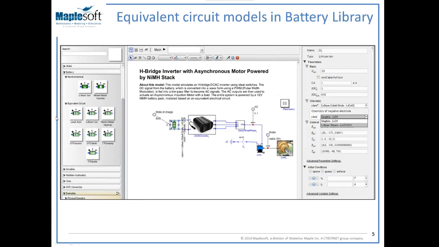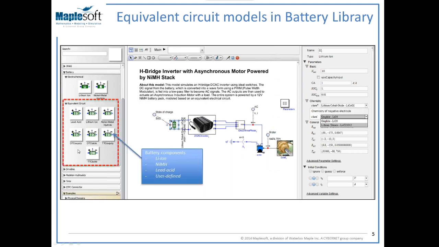What you see on the screen now is a snapshot of a battery model in MapleSim. On the left hand side, you see a palette that consists of the battery components in MapleSim. The equivalent circuit battery models are inside this red rectangle.